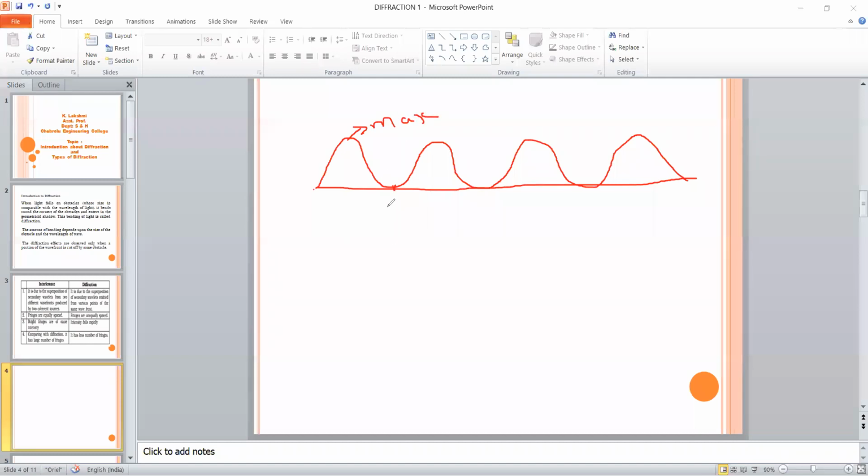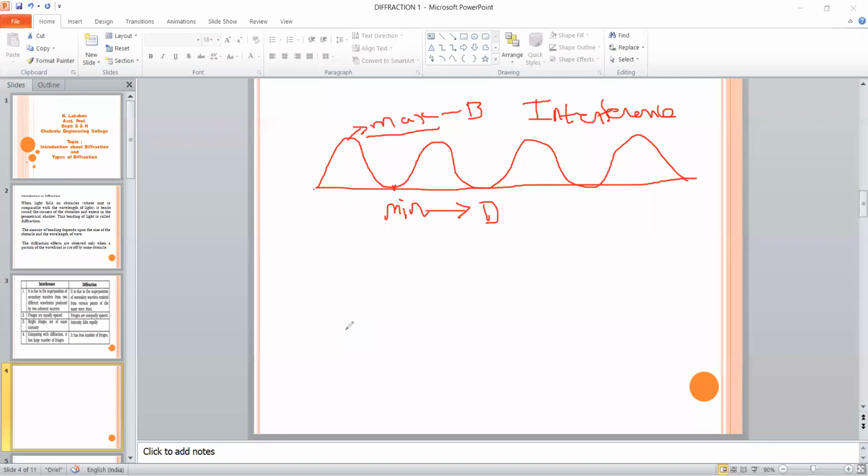This indicates the minimum intensity case. As I already said, the maximum intensity indicates the bright fringe and minimum intensity indicates the dark fringe.